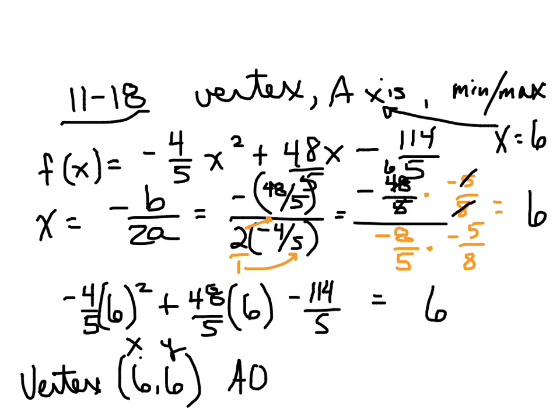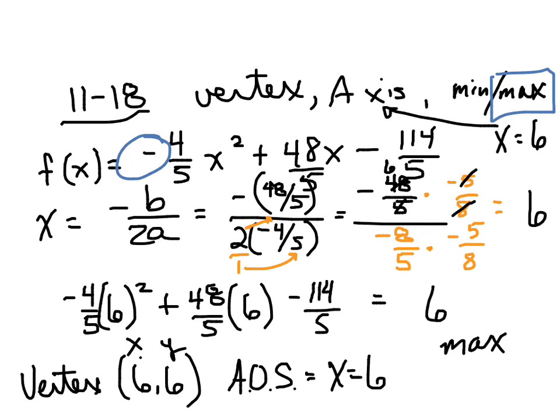The axis of symmetry, which I'm going to abbreviate as AOS, is x equals 6. It's always the x-coordinate. And the minimum or maximum, since this is going to open down, this would be a maximum. The reason I knew it was opening down, I'm going to circle it in blue, is that number right there is negative. If that number is negative, then you know it's going to be a max. If it's positive, it's going to be a min. And it's a maximum at 6, which is the y-coordinate, just so that you know how it all works together.